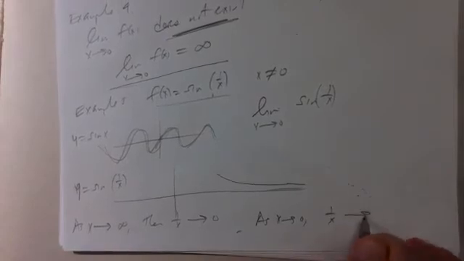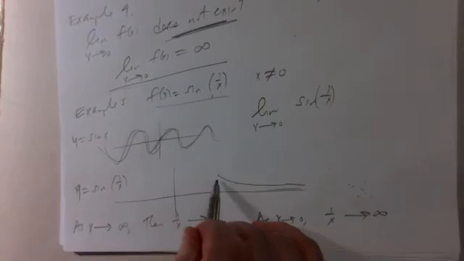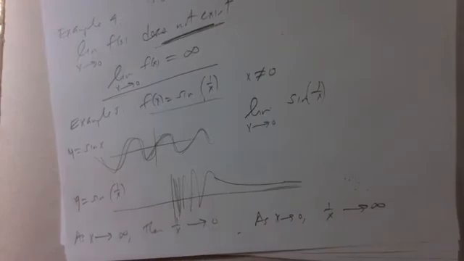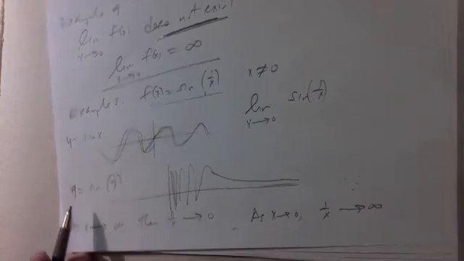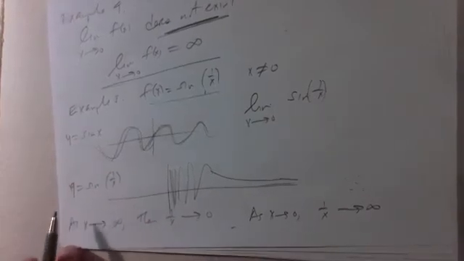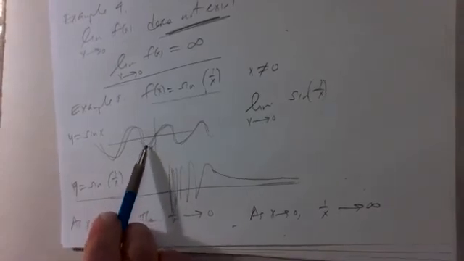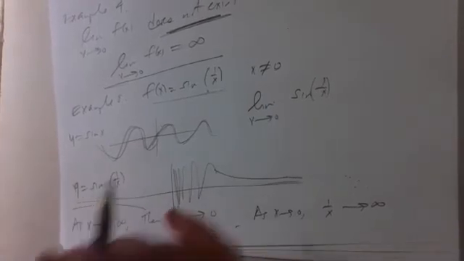Now, as x goes to 0, 1 over x goes to plus infinity. So this function is going to start oscillating faster and faster as you approach 0. Similarly, as you go to negative infinity, the sine of 1 over x is going to 0 from below.